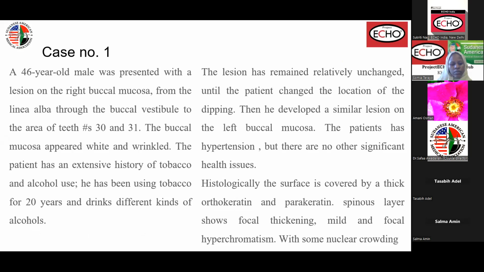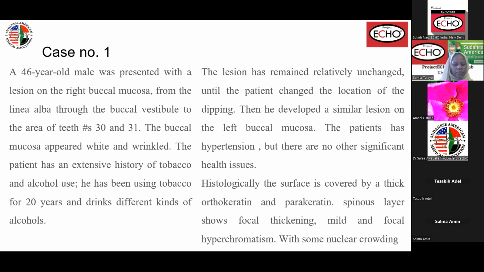Yes. So the first case, we have a 46-year-old male who presented with a lesion on the right buccal mucosa from the linea alba through the buccal vestibule to the area of tooth number 30 and tooth number 31. The buccal mucosa appeared white and wrinkled. The patient has an extensive history of tobacco and alcohol use.